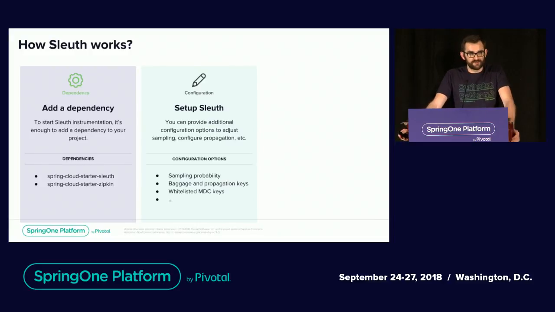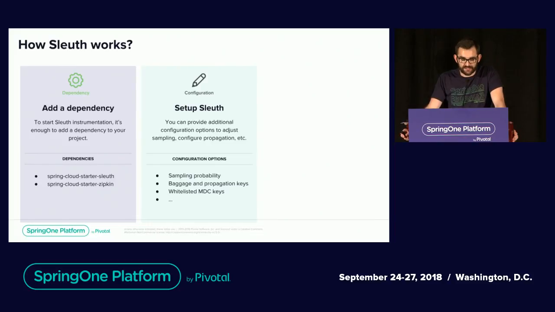You have to set up Sleuth. For example, you have to set the probability. So until Sleuth 2.0, it was called percentage, but it turned out that it's actually not a percentage. That's why we've renamed it to probability, because that's what it is. So now you have to define the probability.